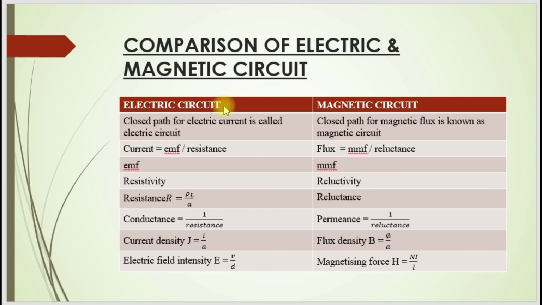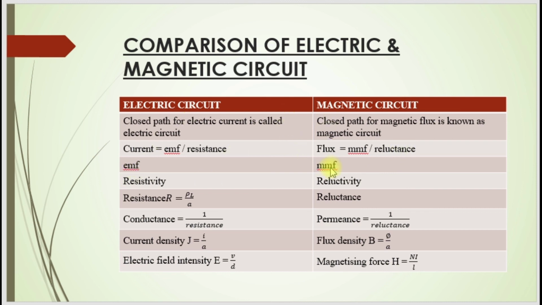In an electric circuit, we have current. The current equation is I is equal to V by R, that is EMF by resistance. Similarly, instead of current, in a magnetic circuit we have flux. The flux equation is mmf by reluctance.